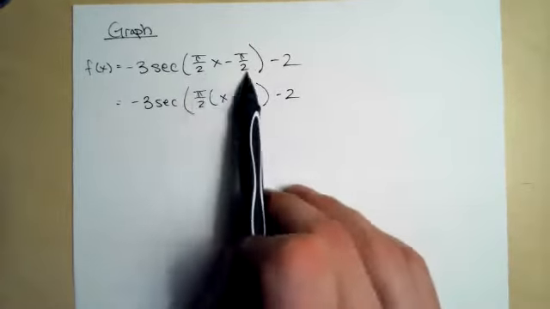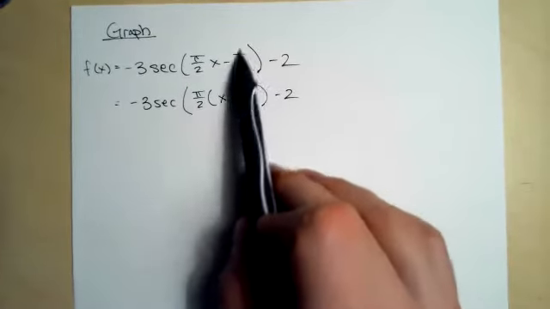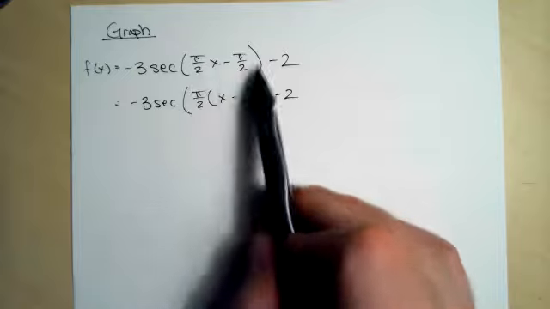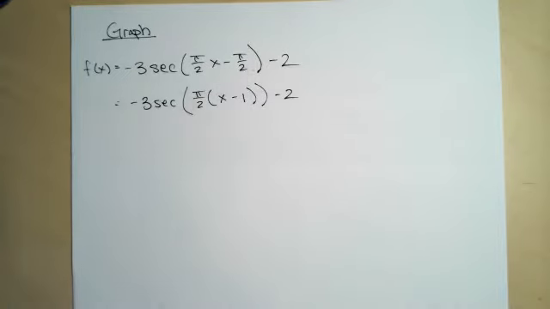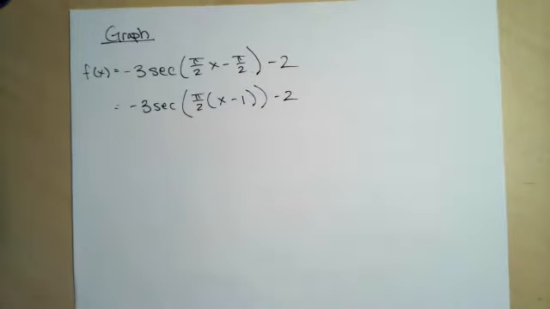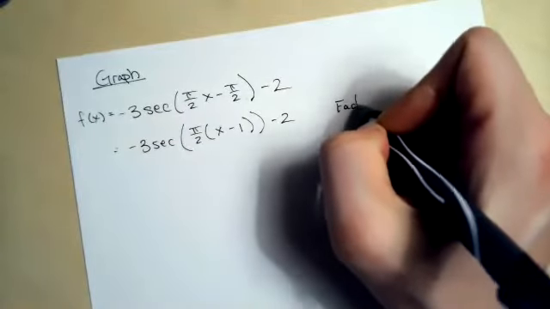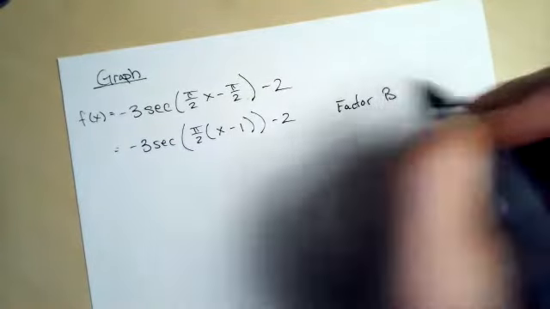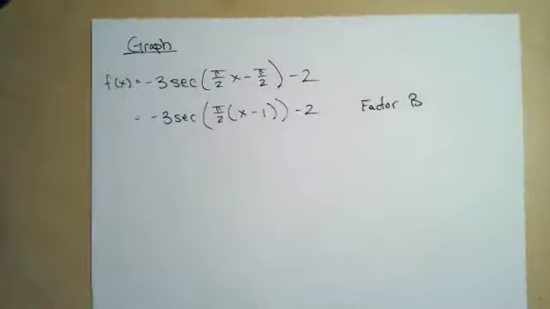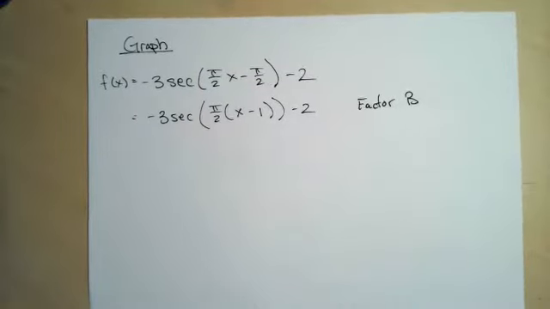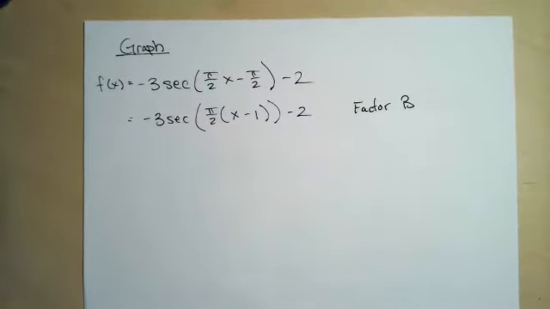And again, there's some algebra involved with factoring. Sometimes this number isn't the same as this. So factoring it, you could have to do a little bit of arithmetic there. So we want to factor that b term inside the trig function.